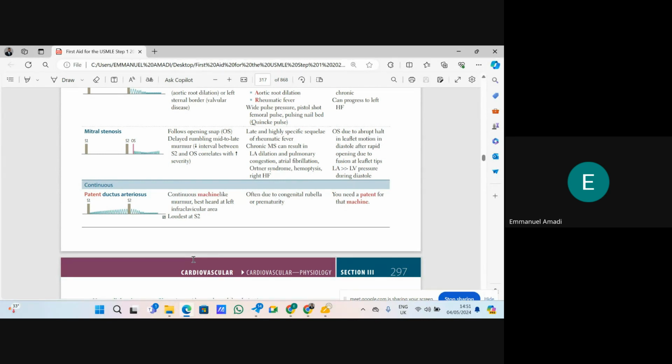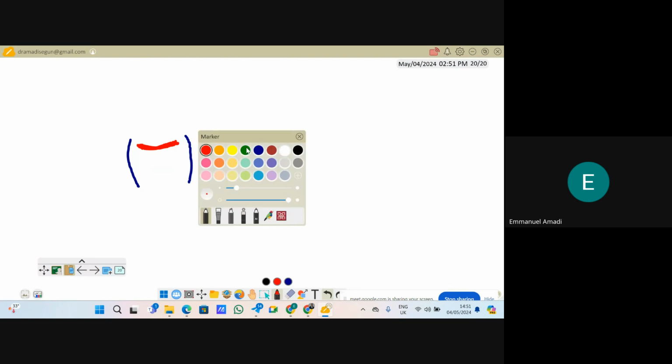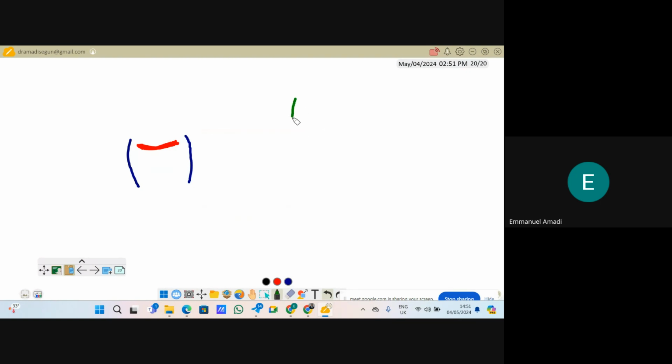Now, when you talk about mitral stenosis, think of the mitral valve. This is the problem. Let me use colors here. This is your atrium. This is your mitral valve here.